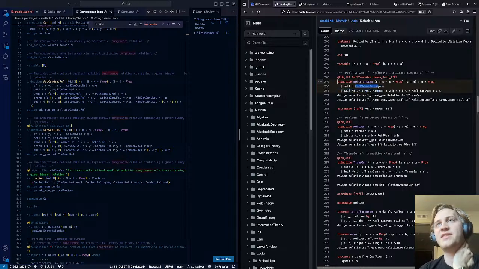The first thing we have is that the new relation that we're building holds for any A with A. The second thing is that it also holds for any A, B. Maybe I don't understand what's going on here.